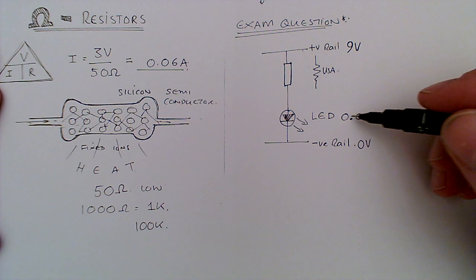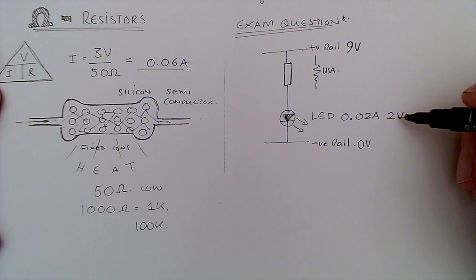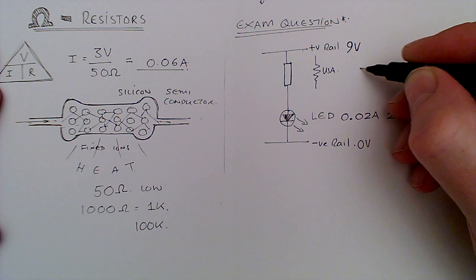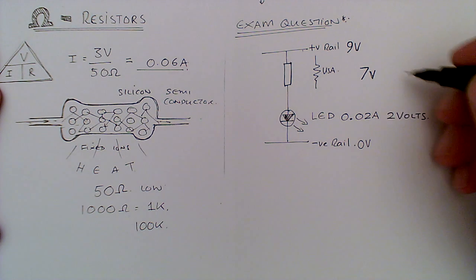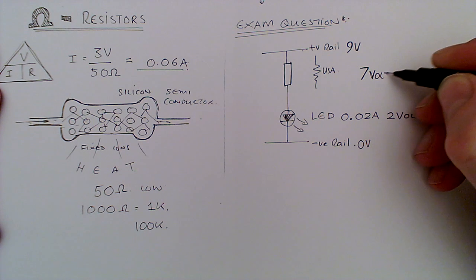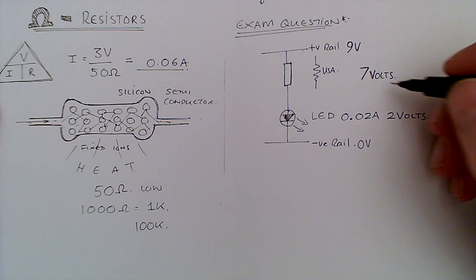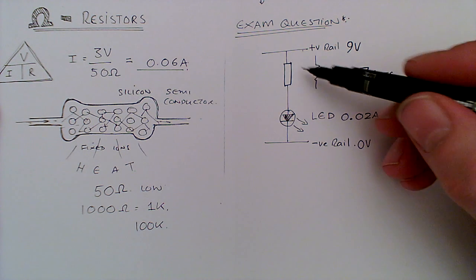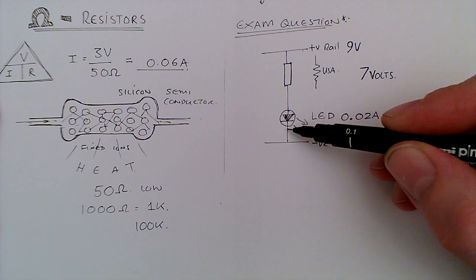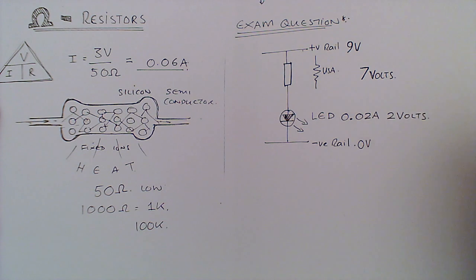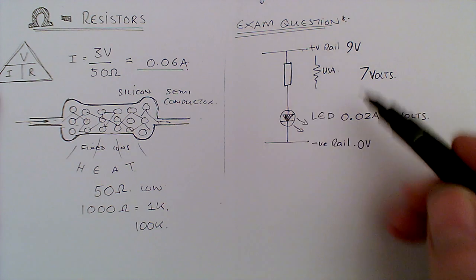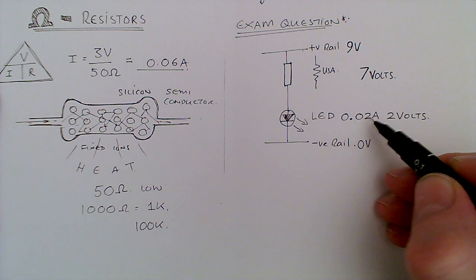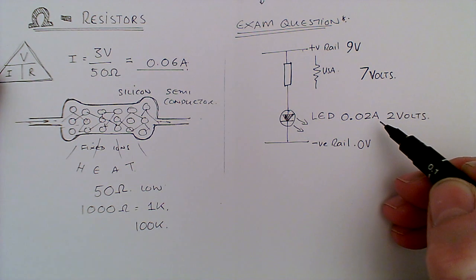So if the LED is operating at 0.02 amps and it's using 2 volts, then we know that we've got 7 volts here, and we know that that 7 volts is operating at, for this circuit, 0.02 amps, then that resistor must have a value to keep that 7 volts at 0.02 amps.